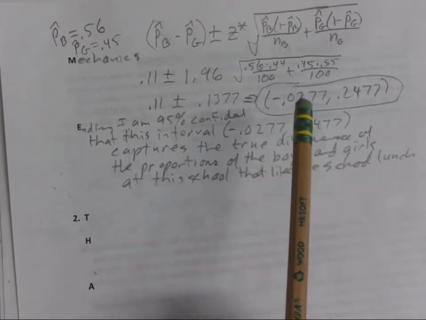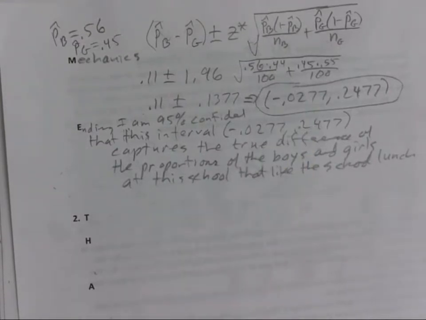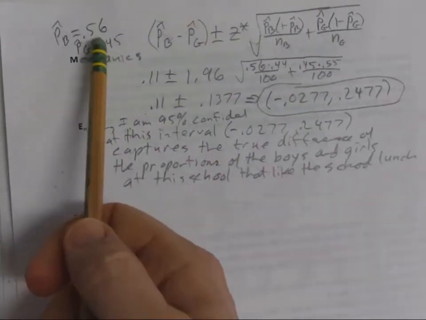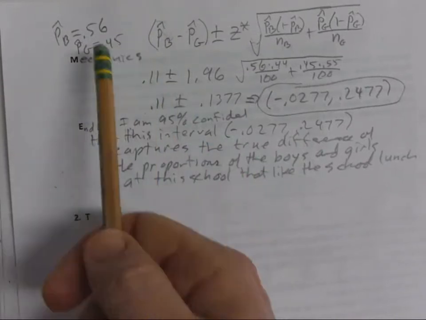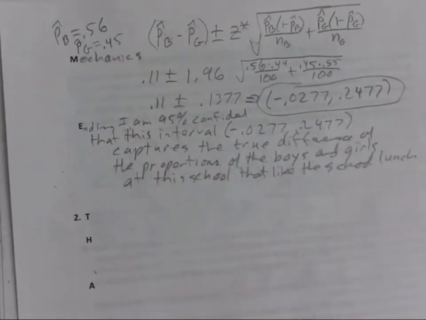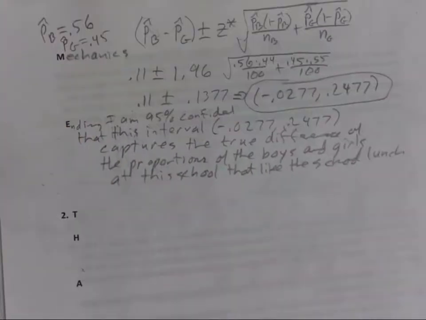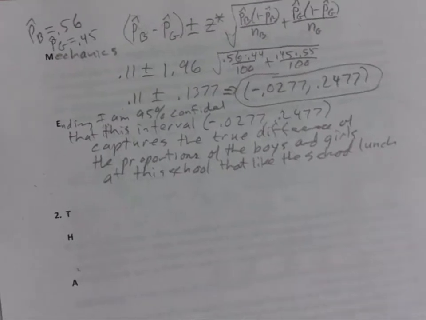And in this case, 0. Because 0 is in this interval, there's plausibly no difference between the boys and the girls. In other words, there's a difference in the sample proportion, but it's not statistically significant. And this will get borne out in the test. So, okay, that's it. That's how you do a confidence interval with a difference in proportions.